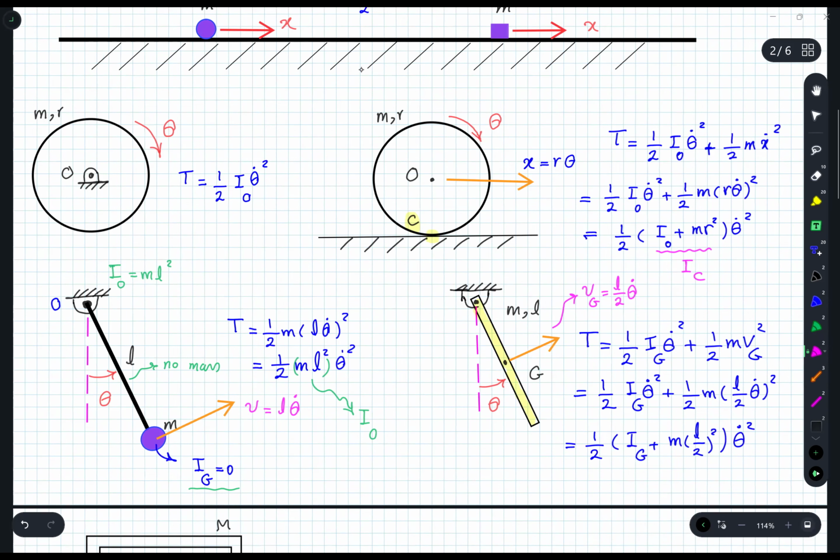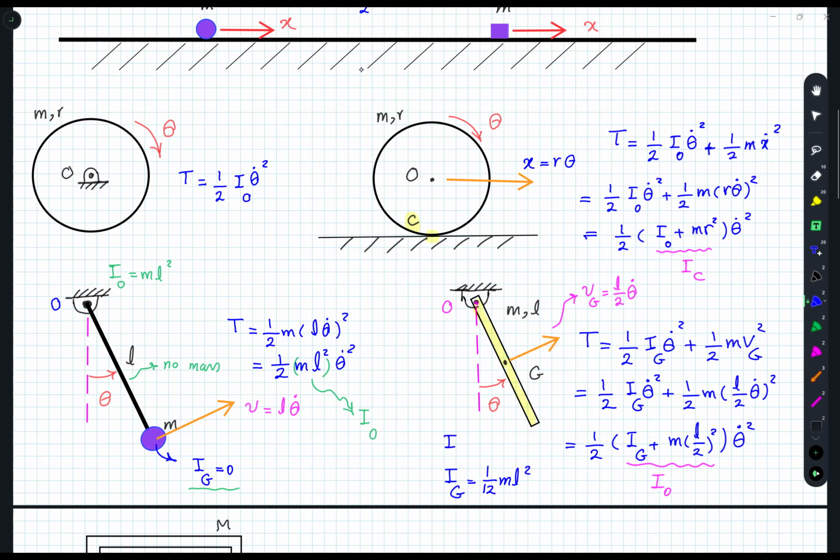Now this Ig plus m (L/2) squared means IO, if we call that point O. And for a link like this one, if it's a slender bar, we know Ig is 1/12 m L squared. And if we use the parallel axis theorem, IO gives us 1/3 m L squared. By parallel axis, I mean if you use that relation and substitute, we'll get these values.